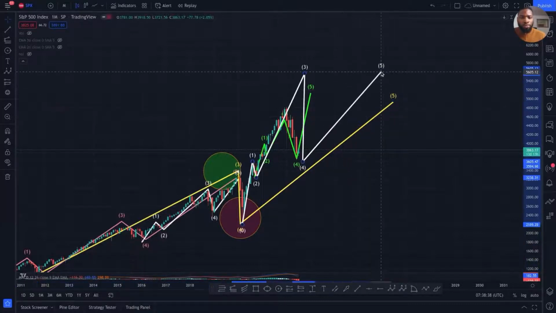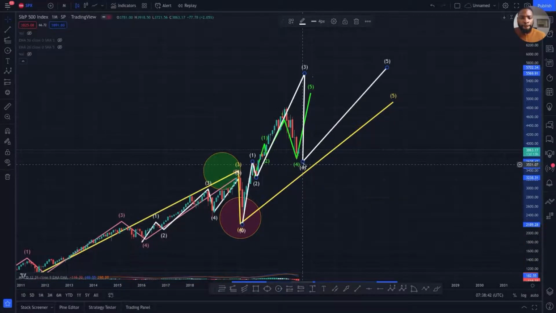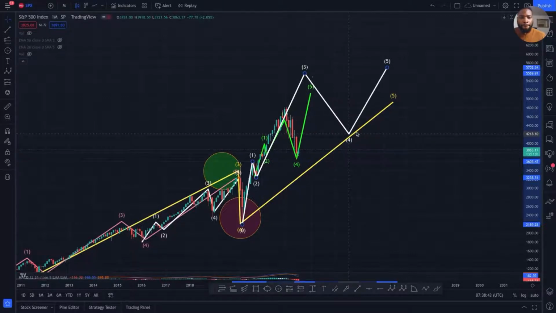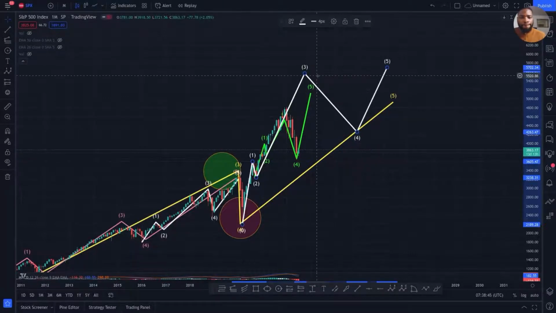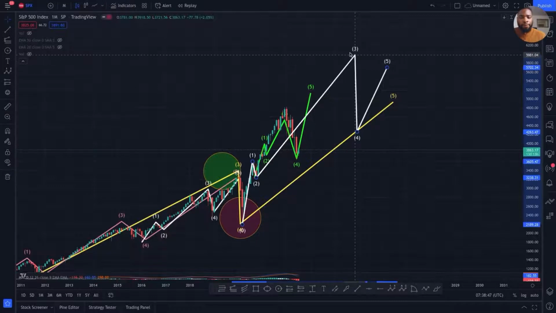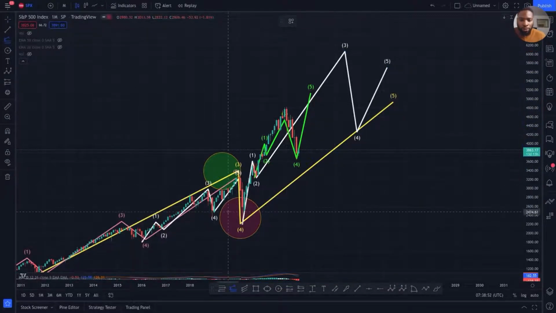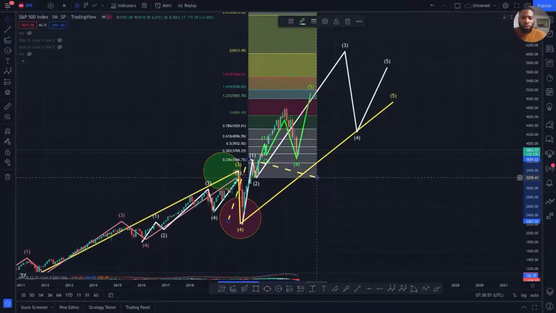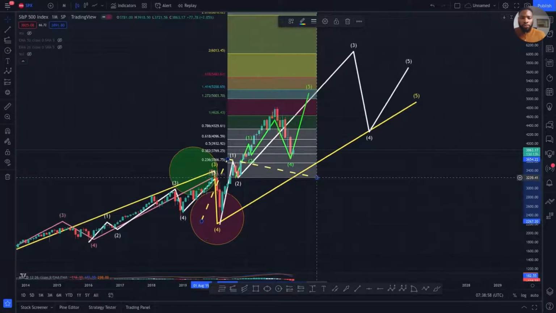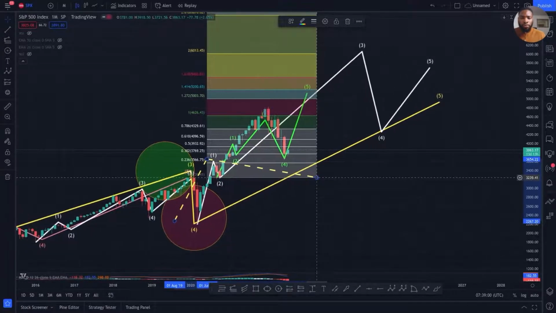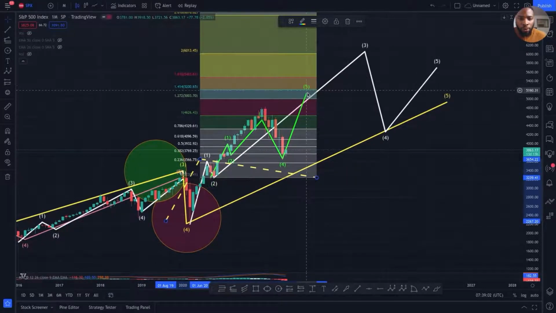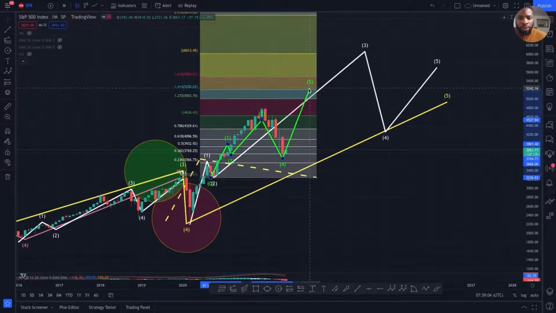So if I draw this perfectly well, we are still within this third wave. So if I get my Fibonacci extension tool, we are definitely going to expect a reversal at this. The third wave might end around this region.